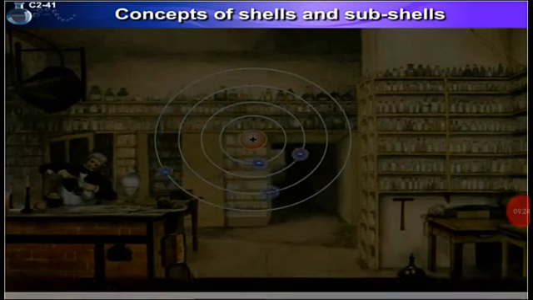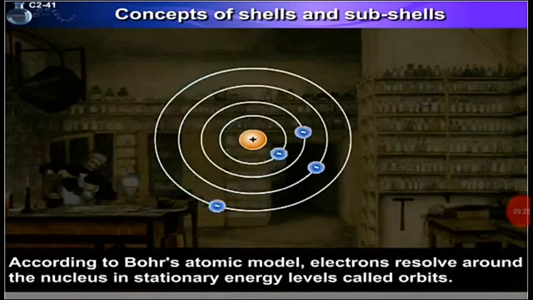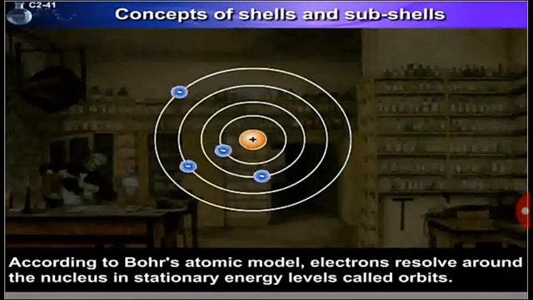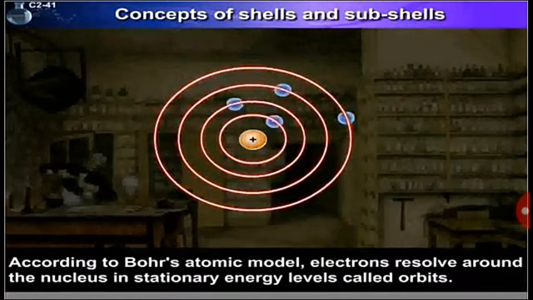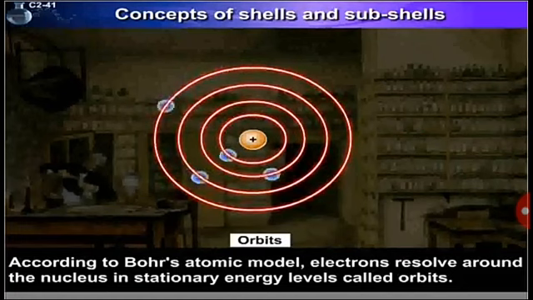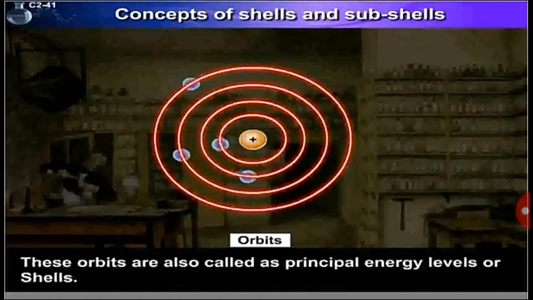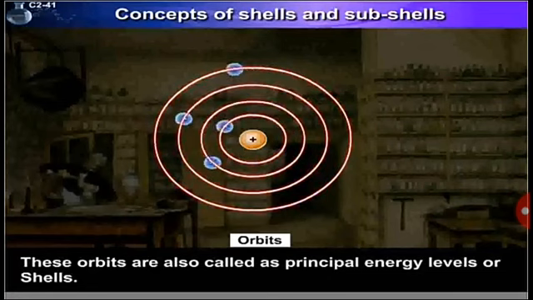According to the Bohr atomic model, electrons revolve around the nucleus in stationary energy levels called orbits. These orbits are also called principal energy levels, or shells.